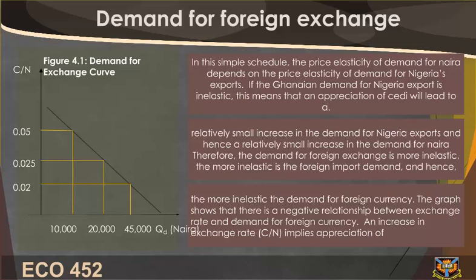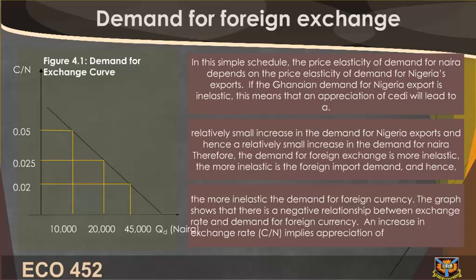If the Ghanaian demand for Naira export is inelastic, this means that an appreciation of cedi will lead to a relatively small increase in the demand for Naira exports, and hence a relatively small increase in the demand for Naira. Therefore, the demand for foreign exchange is more inelastic.